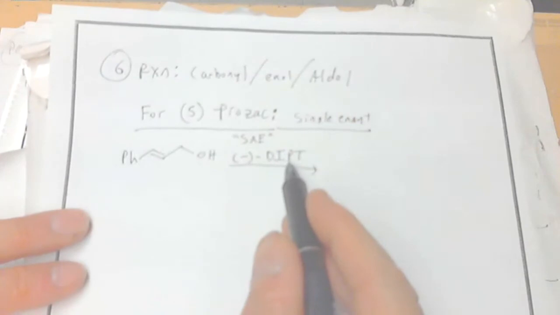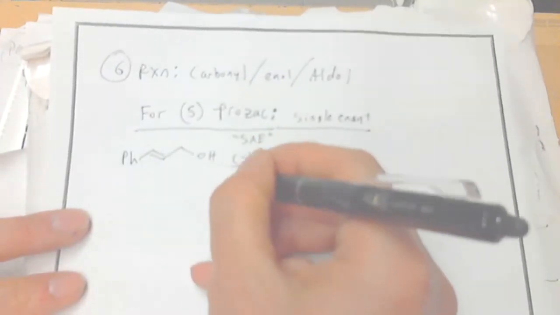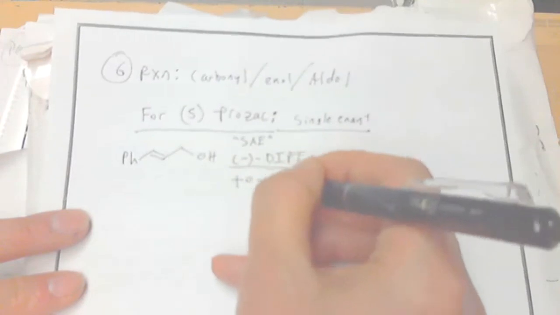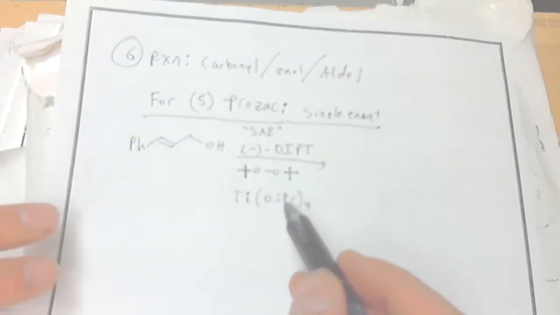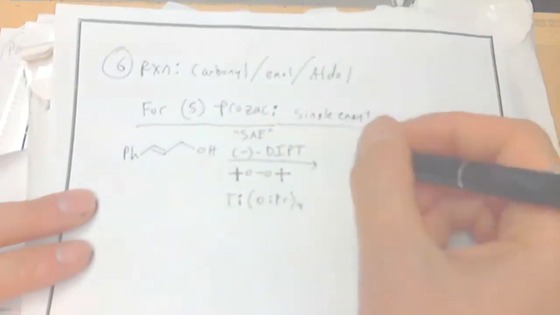I'll show what that is in a second. They use this peroxide, a tert-butyl oxygen tert-butyl. This is all just part of the recipe of the SAE reaction. They use titanium, it's a metal, Ti(OiPr)4. Those are isopropyl groups. So it's titanium with 4 isopropyls and oxygens, right? Okay, this magically creates an epoxide.